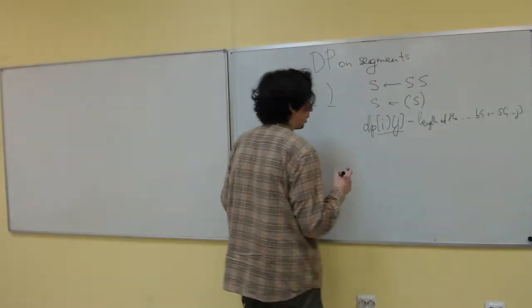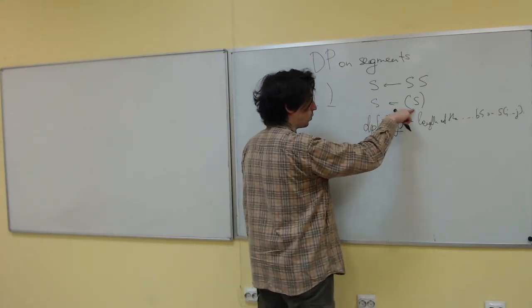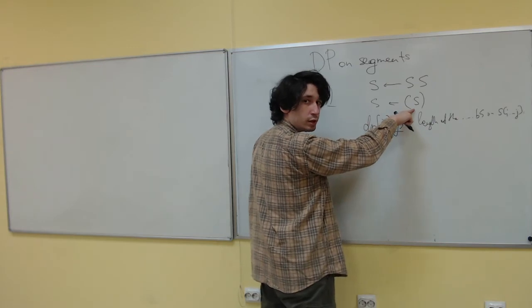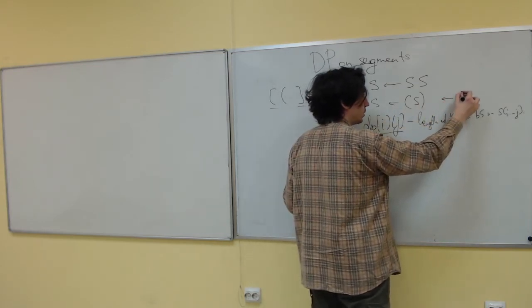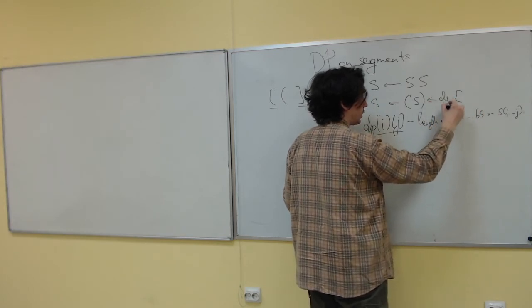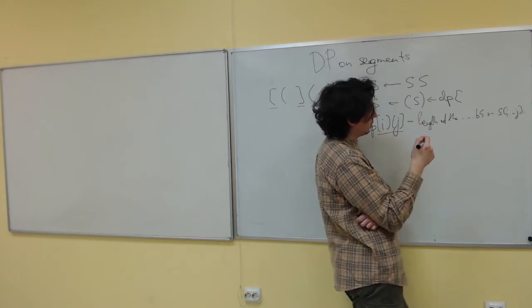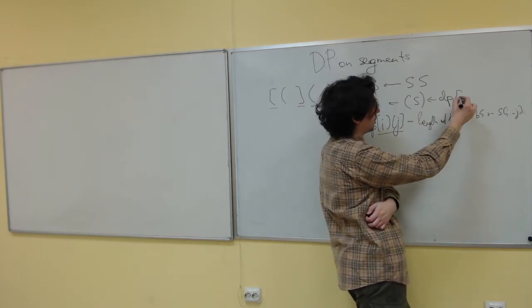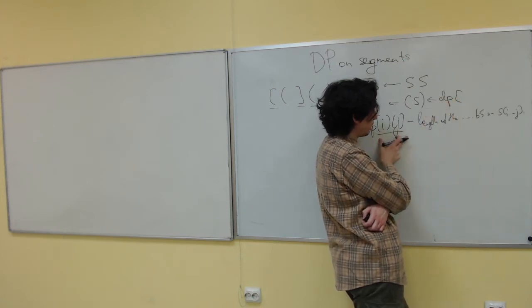So let us consider 2 cases. We take this one, right? So we move from which state? Well, I thought that it is from i-1, so the left bracket, and j+1.